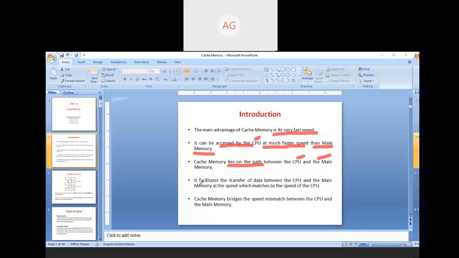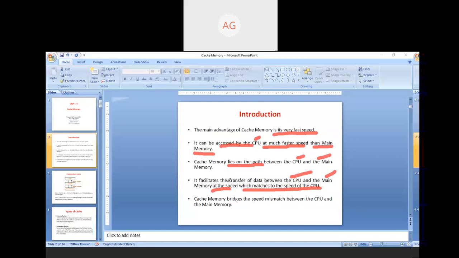The other point is that it facilitates the transfer of data between the CPU and the main memory at a speed which matches the speed of the CPU. As you know, the speed of the CPU is very fast in comparison to the speed of the main memory. But in order to match the speed of the CPU and the main memory, in order to transfer the data from CPU to memory, we need a cache memory in between.